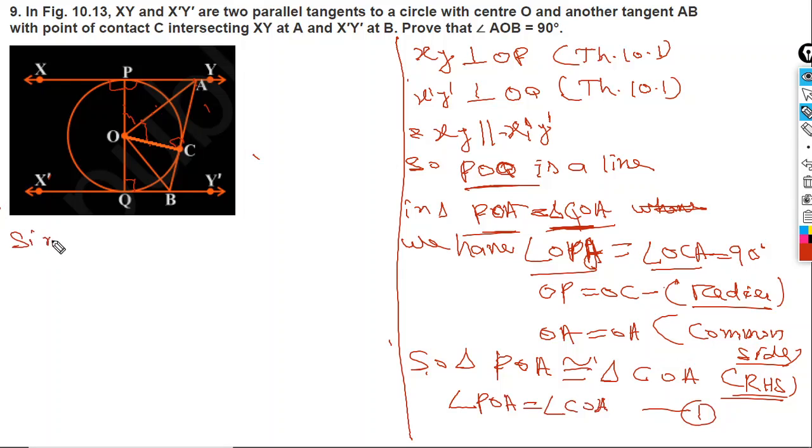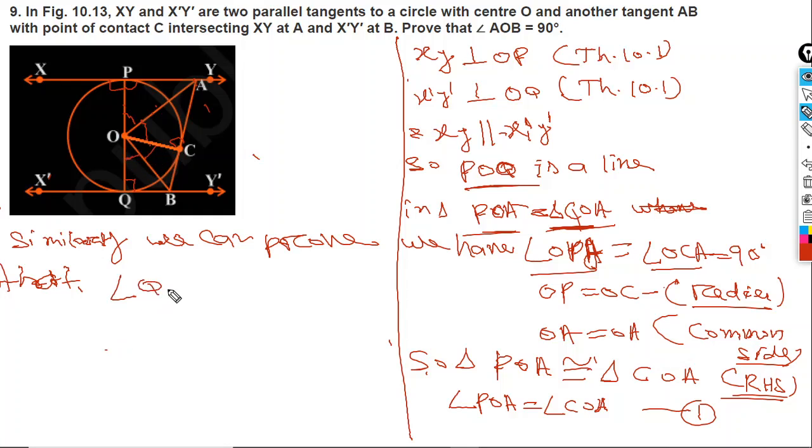Similarly, we can prove that angle QOB equals angle COB. These two angles are also equal. Now write it as statement 2.